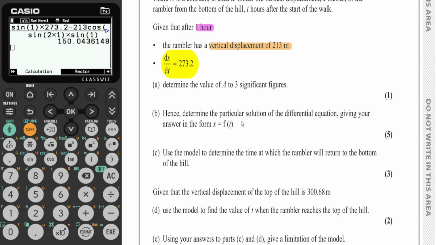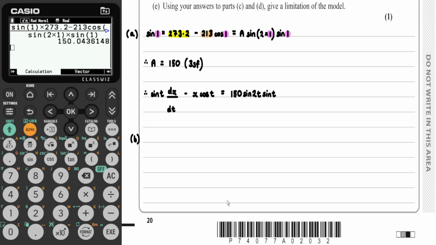Part B, hence determine the particular solution of the differential equation, giving your answer in the form x equals f of t. For part B, the first thing we can do is rewrite this differential equation in a more integrable form. We can divide both sides by sin t, and I divide each term by sin t as shown.